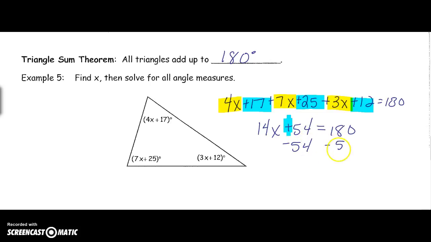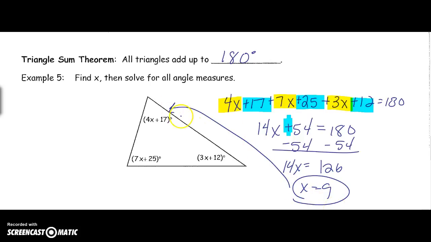You would subtract 54, so 180 minus 54 gives you 126, and then divide that by 14. So x is 9.